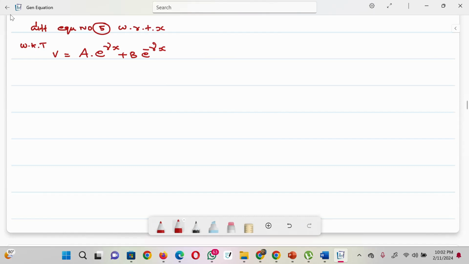This is the linear differential equation, and from this equation we are going to differentiate the value.